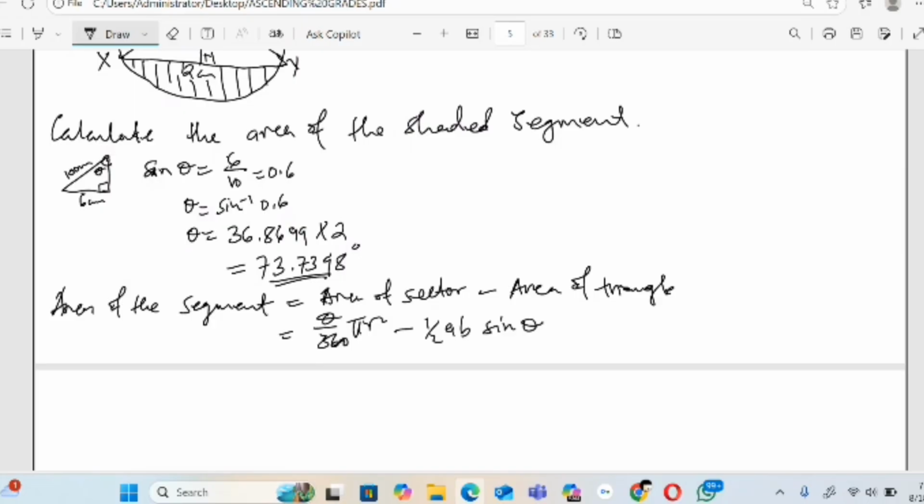Then we continue. So we substitute theta.